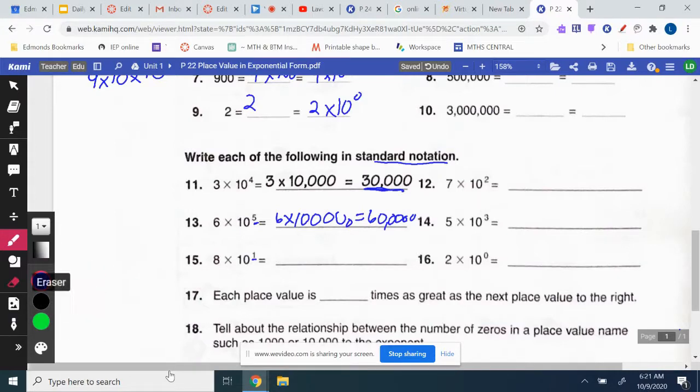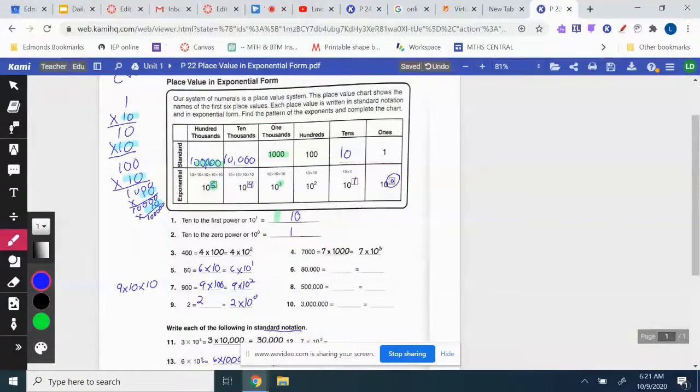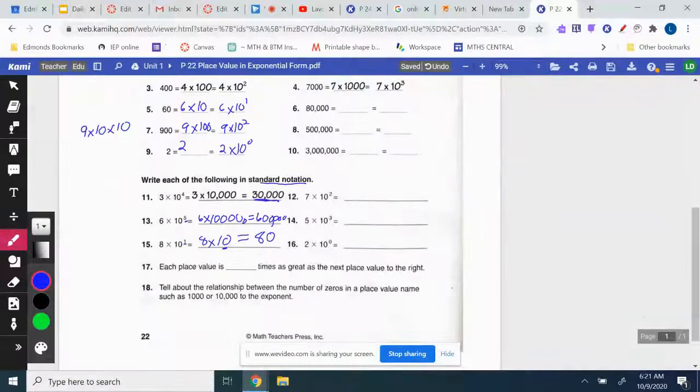And I put my comma in the wrong place. Now I have 8 times 10 to the first power, so it's going to be 8 times 10, because 1 zero equals 80. Now the question is, the place value is how many times greater than the value to the right. So every time I go on this chart and bounce from 1 to 10 and then keep going over, it's going to be 10 times greater.